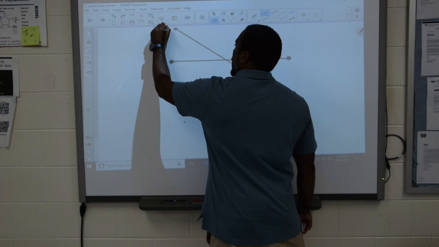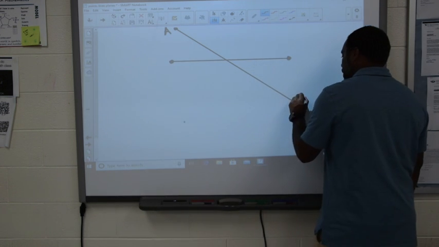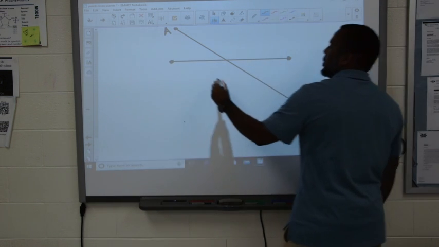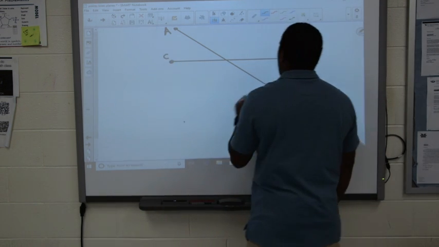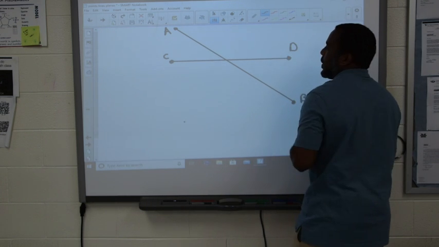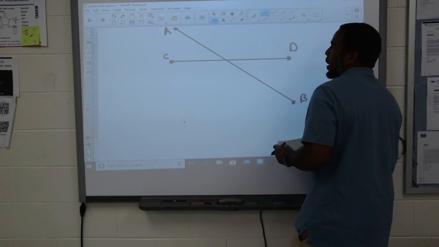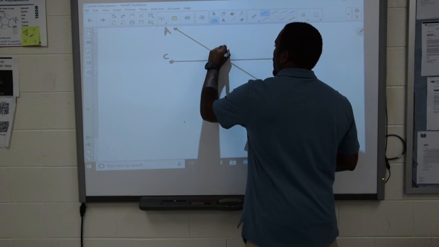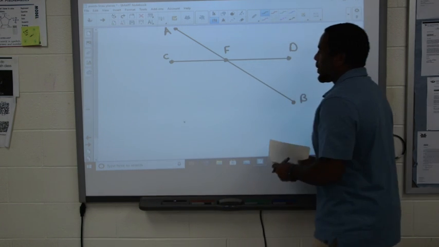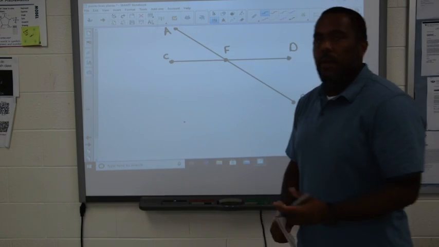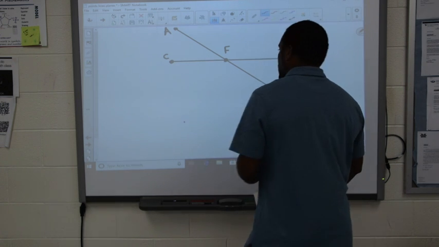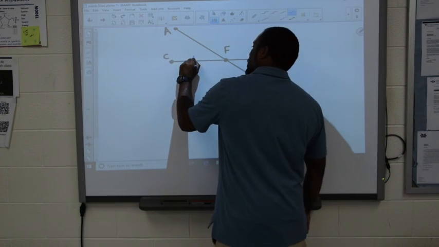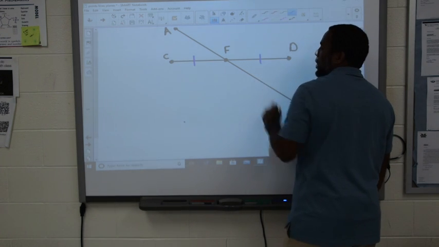I'll call this A, B, C, and D. And I say that AB will intersect CD at point F. Now this is not drawn to scale, but I'm going to make a mark here and a mark here.